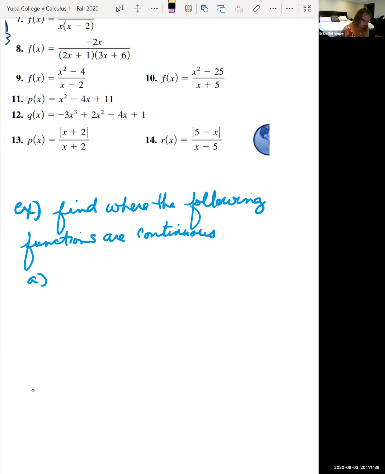Let's say we had y is equal to the fourth root of 3x minus 1. First thing we want to do is look at the domain. So let's find the domain.